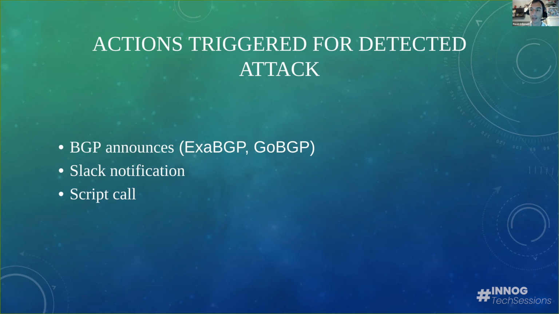Then you can call any kind of script. It may be Bash, Python, Perl, Ruby, Go, whatever. You are not limited in any way. So instead of using the BGP protocol, for example, you can run some command on your router, for example, remove some specific prefix or move it away from one upstream to a different one.